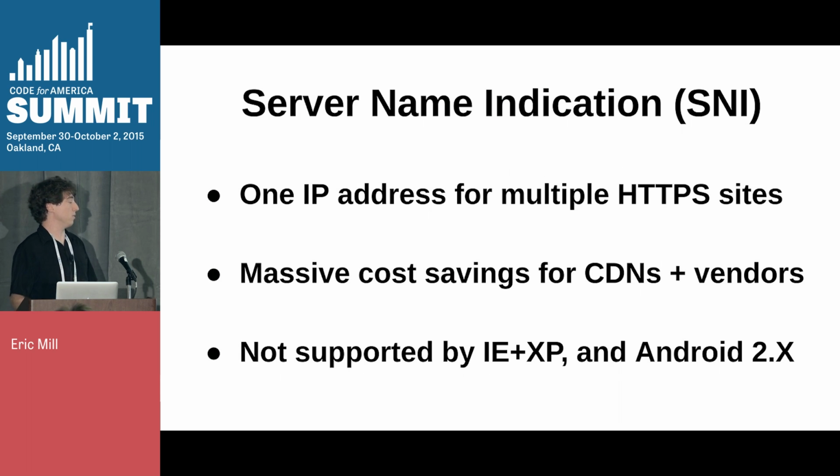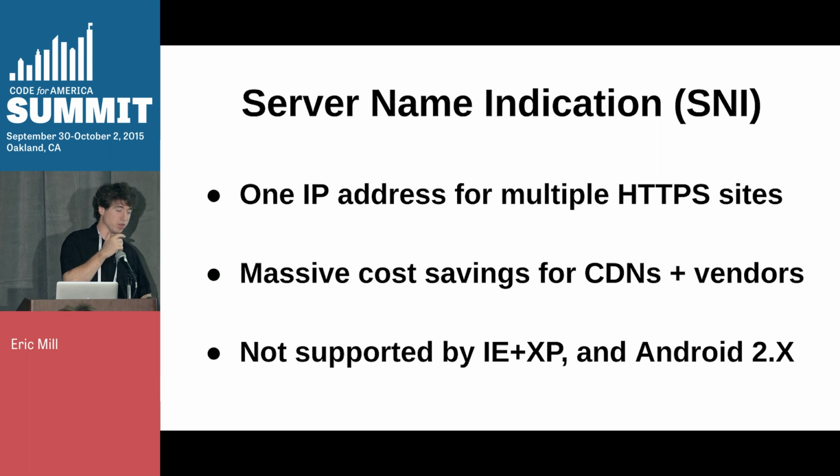I also want to mention one other technical concept that has privacy ramifications and expense ramifications, which is server name indication, an extension to HTTPS that was finalized in 2003, and that allows you to use just one IP address that serves multiple certificates.